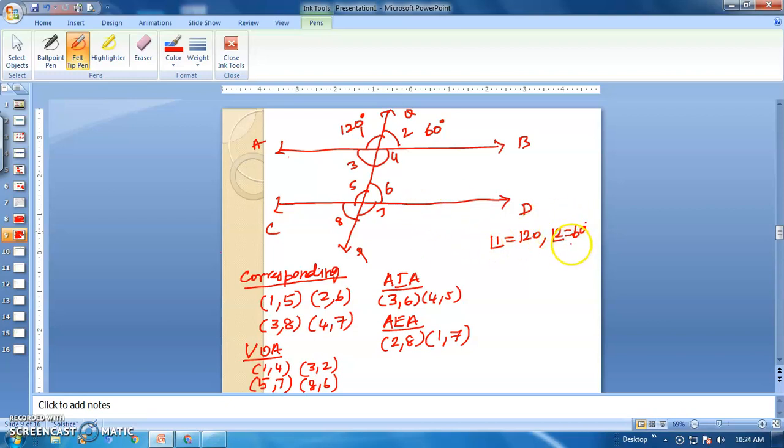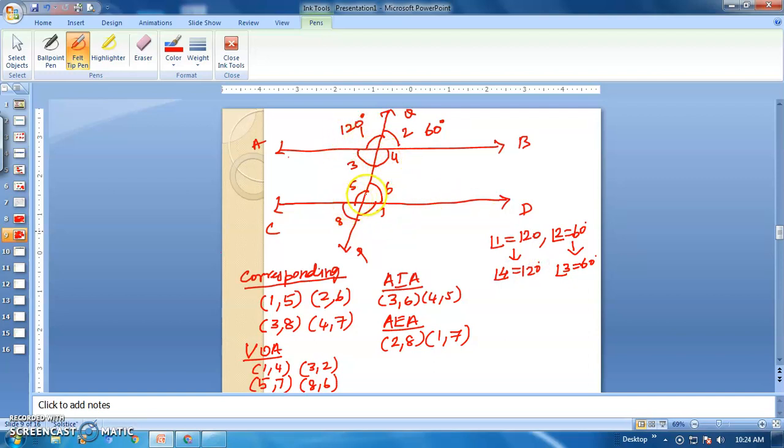Similarly, angle 2 equals 60 degrees, so what about angle 3? Angle 3 is also 60 degrees, because vertically opposite angles are always equal. And what about angle 4? Angle 1 equals 120 degrees, so definitely angle 4 equals 120 degrees, because these are also vertically opposite angles.